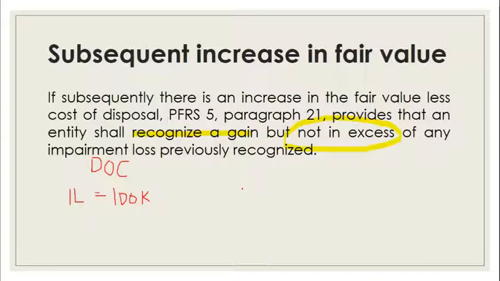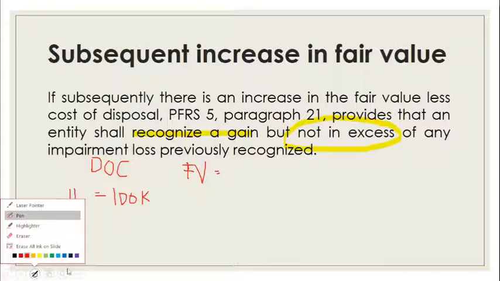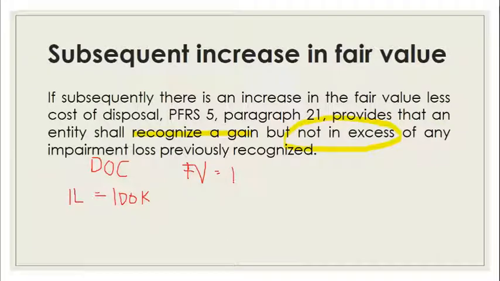Now, there was a subsequent increase in your fair value. Let's say your fair value is 1.5. So, imuhang carrying amount man ani imong date of acquisition is of course, let's say 1.4. Mao nang naka-impairment loss nga 100, no?